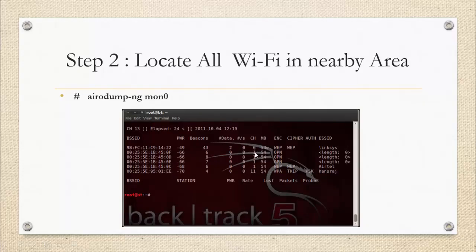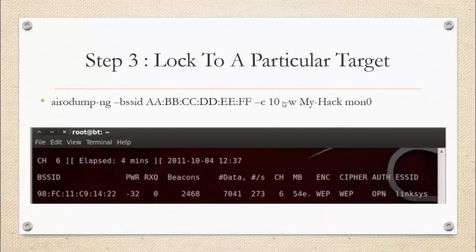It will be different for each of the WEP based devices, followed by the file where the data packets will be written. As we had discussed earlier, we'll have to write the data packets to a particular file, and we can mention the file name over here, which is myhack. This can be a dynamic name as well. Once enough data packets have been written to this file, we can start the cracking process.